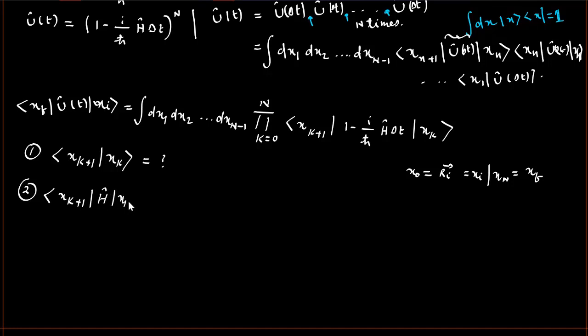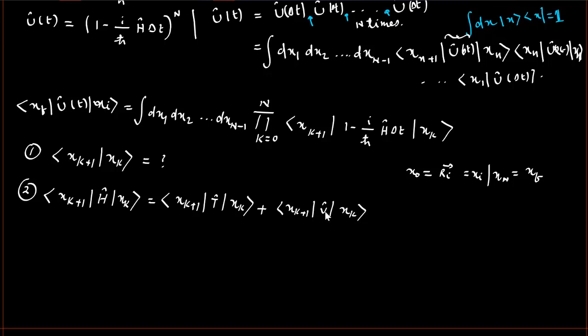Hamiltonian x_k, but we know that the Hamiltonian is the kinetic energy plus potential energy. So this is the kinetic energy term plus x_{k+1} the potential energy term.